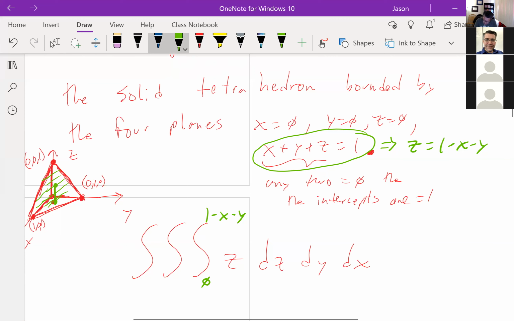Well, let's make it a different color. In the XY plane, this goes from 0, 1 to 1, 0, right? If we let Z be out of it, we don't have Z anymore. This is the XY plane.